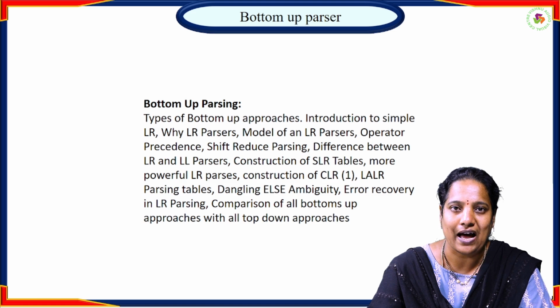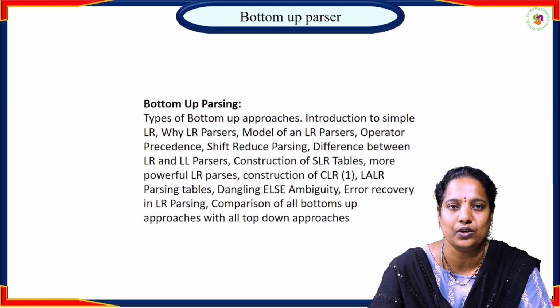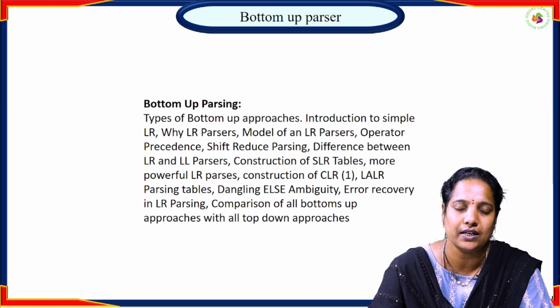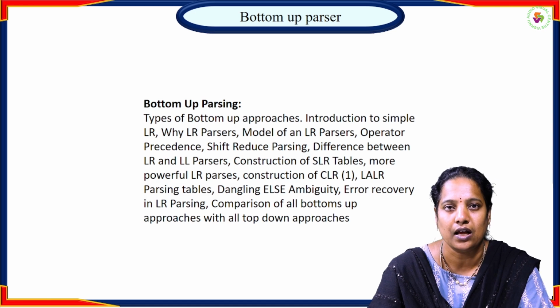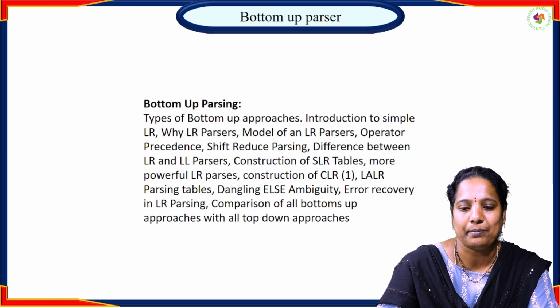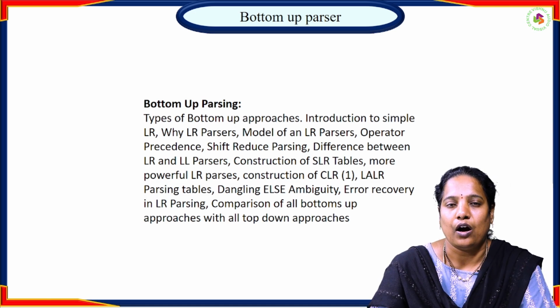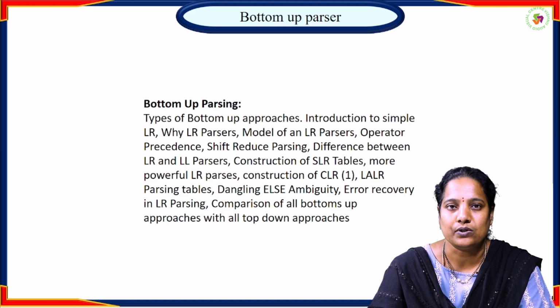When we are going for the parse tree representation, we have two different types of parsers. One is the top-down parser and the other one is the bottom-up parser. In the bottom-up parser, we reduce a given input to the starting symbol of the grammar.